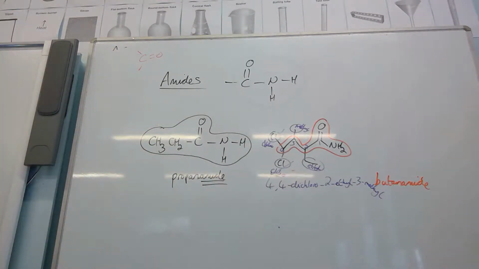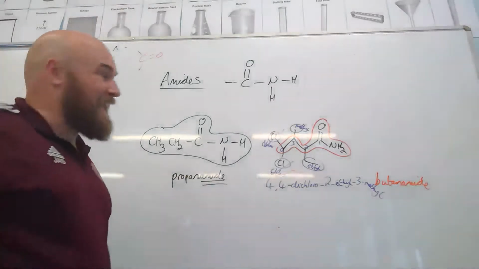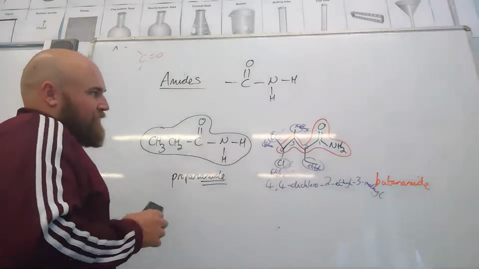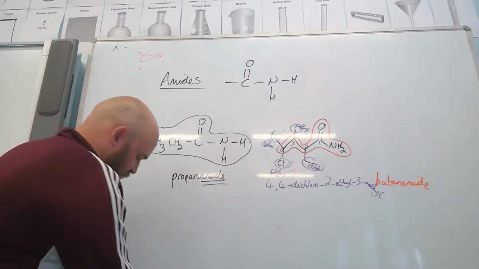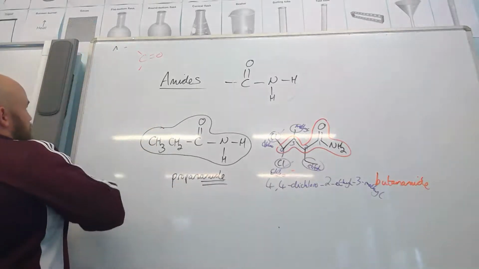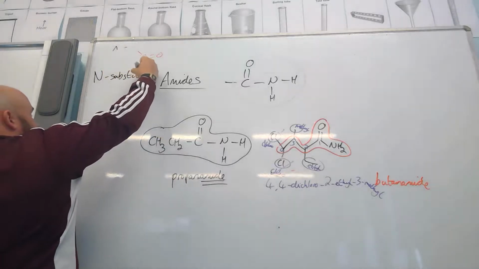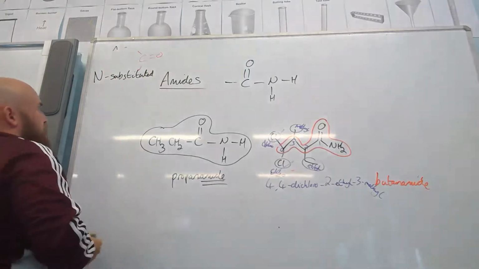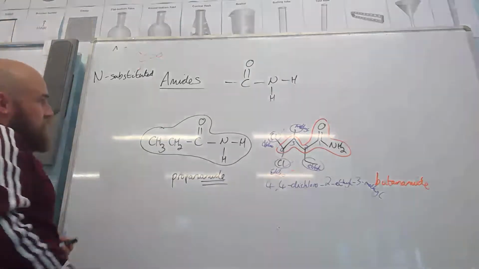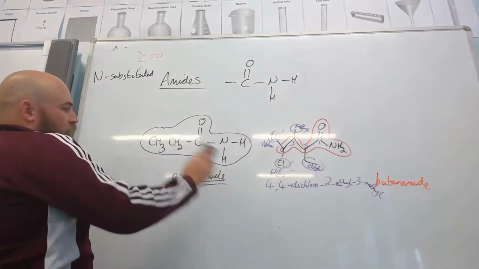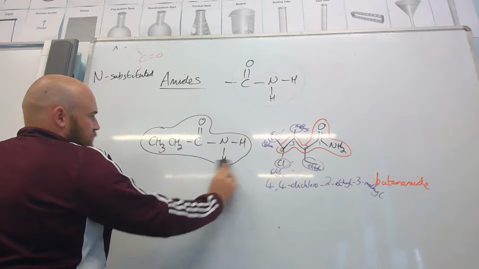All right, let's have a look at one final one, which is an amide derivative. So it's similar to an amide. These are called N-substituted amides. So what exactly do they look like? Well, let's have a look. I'm just going to get rid of this.